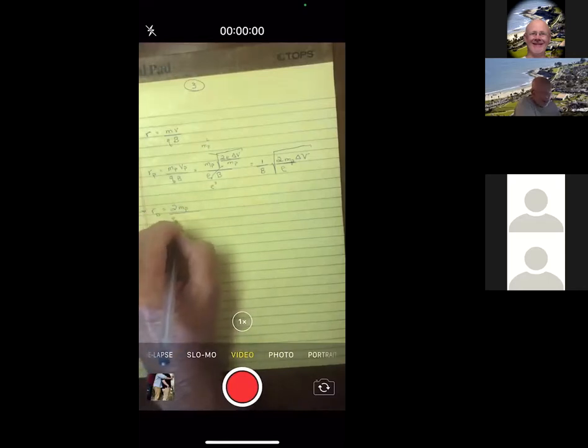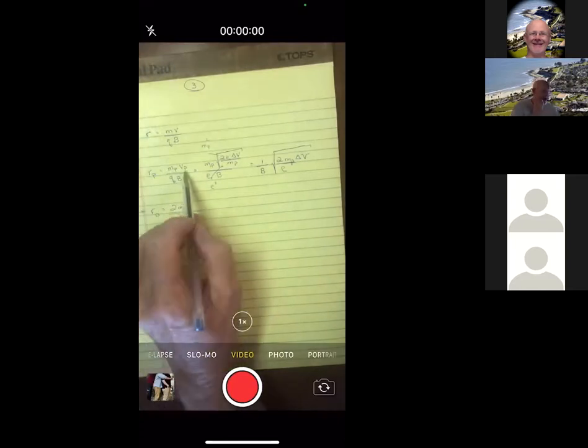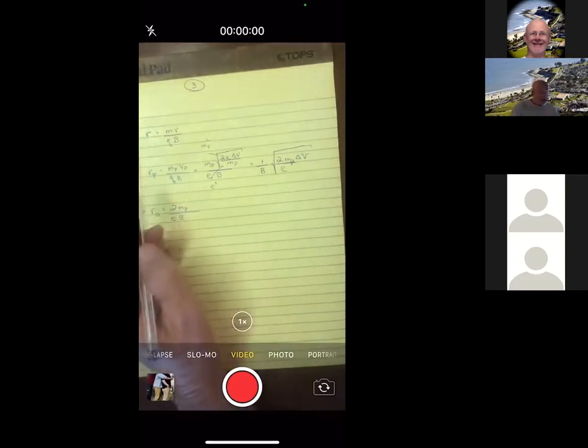It has the same charge as the proton. And then it has a velocity.